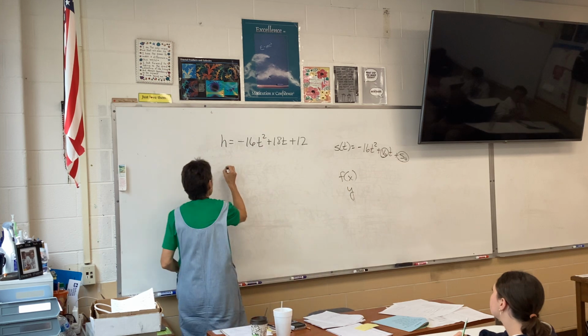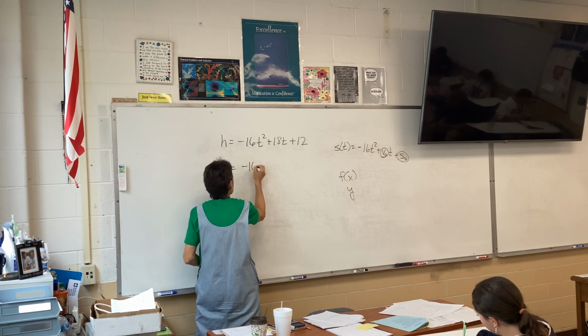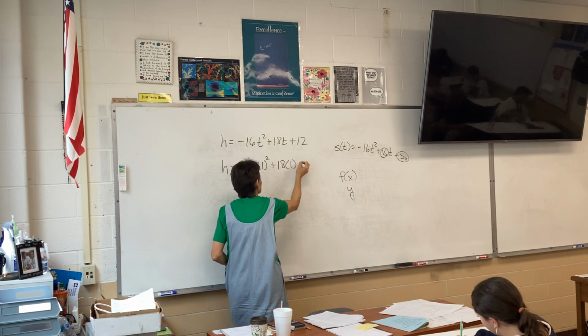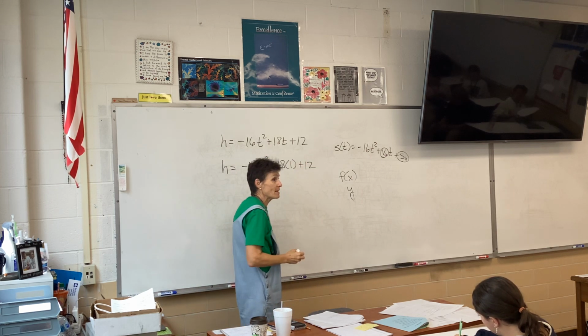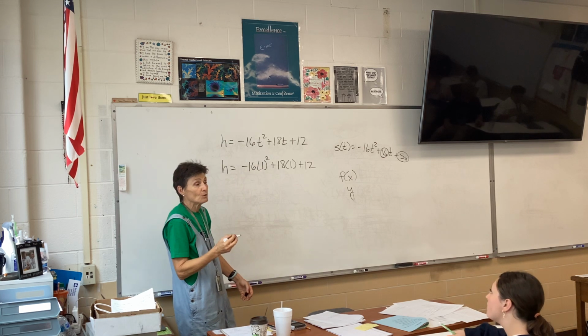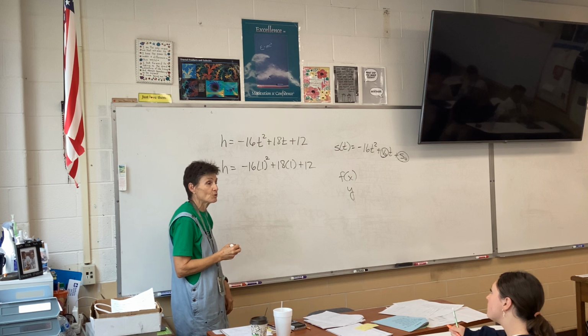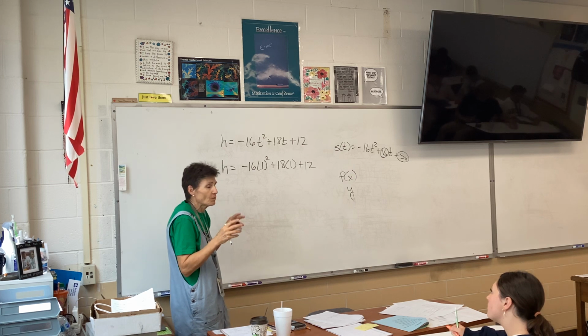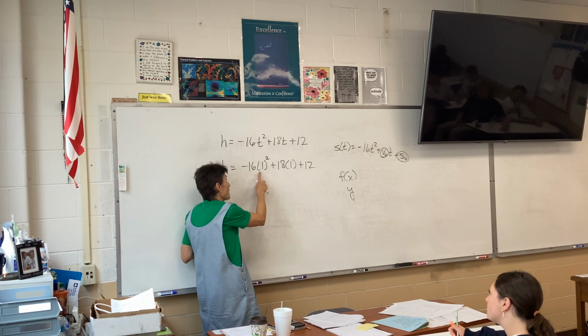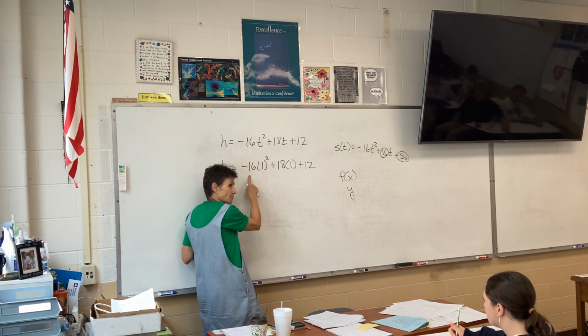Okay, so here we go. I'm going to put 1 in for all of the t's. Now, you'll have a calculator for this problem, so if you need to type that in on your calculator, you can. I'm hopeful that most of you don't need to. What's 1 squared times negative 16?